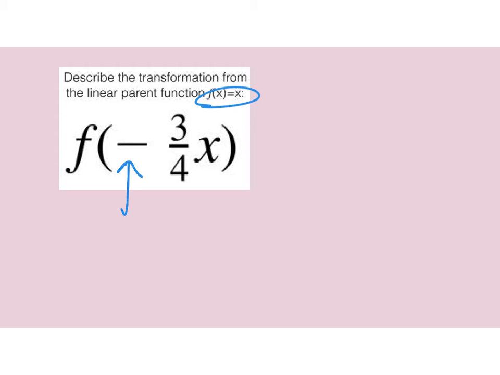So is that vertical or horizontal? Horizontal. So we're looking at left to right. Yes? Okay. So that means this negative tells us we're reflecting over which axis? If we're moving from left to right, so here's our axis, the graph is going from here to here. Reflection over the y, that's right.